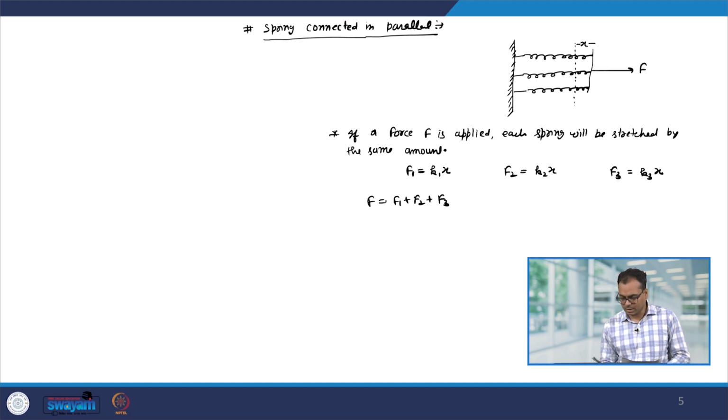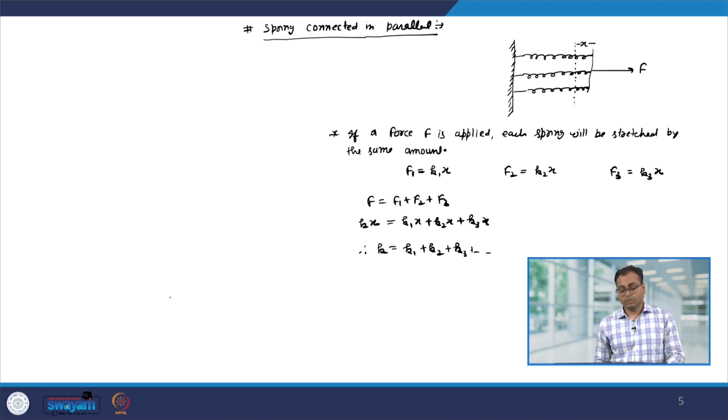So, F is equal to kx, wherein again we have said that let us say the whole system behaves like a single spring of spring constant k, then F equal to kx, and this will be k1x plus k2x plus k3x, and from here we get k equal to k1 plus k2 plus k3 plus dot dot dot if there are other springs. So, this is the effective spring constant when the springs are connected in parallel.